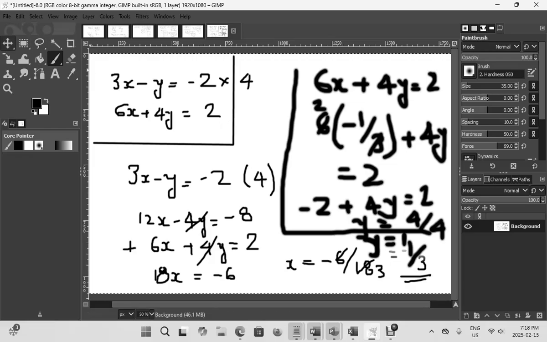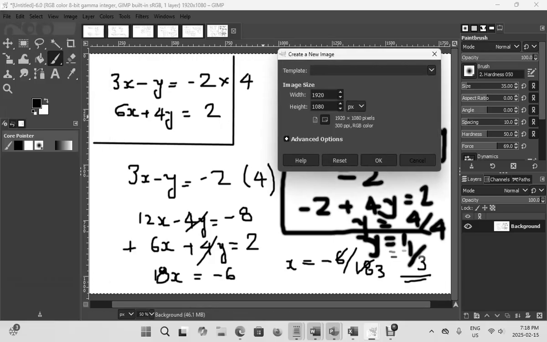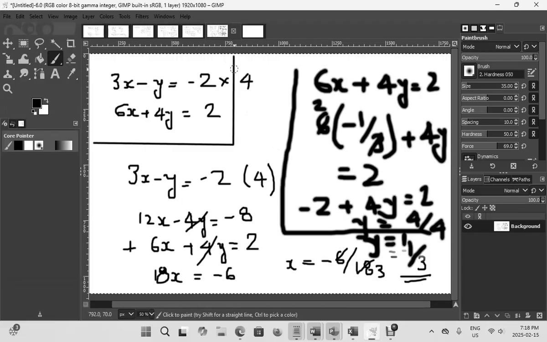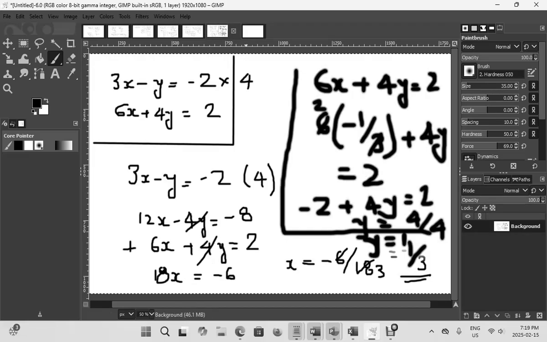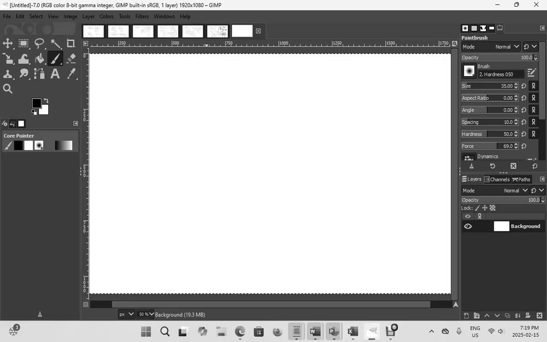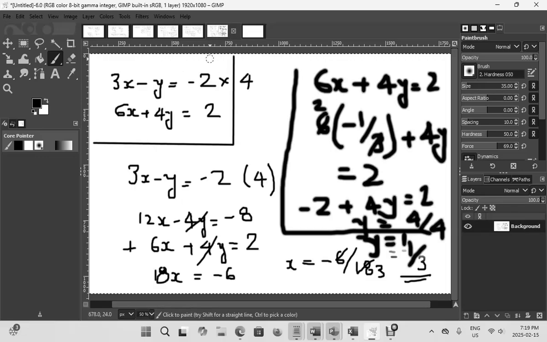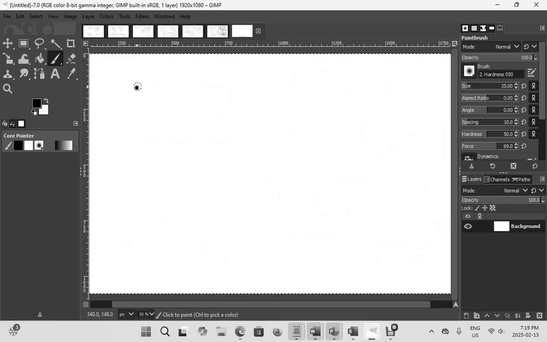So let's go ahead and verify the x and y values. This will be 3x minus y equals negative 2.